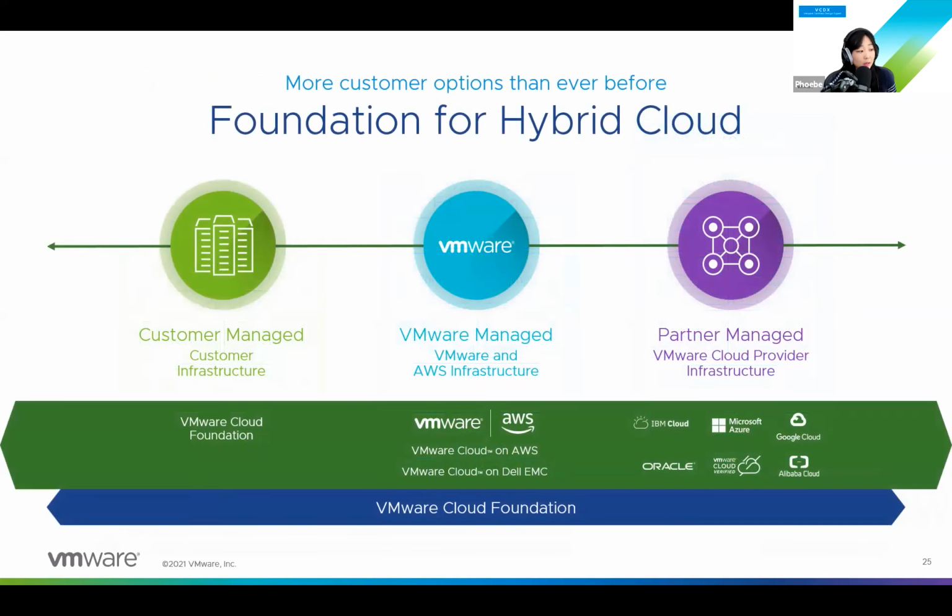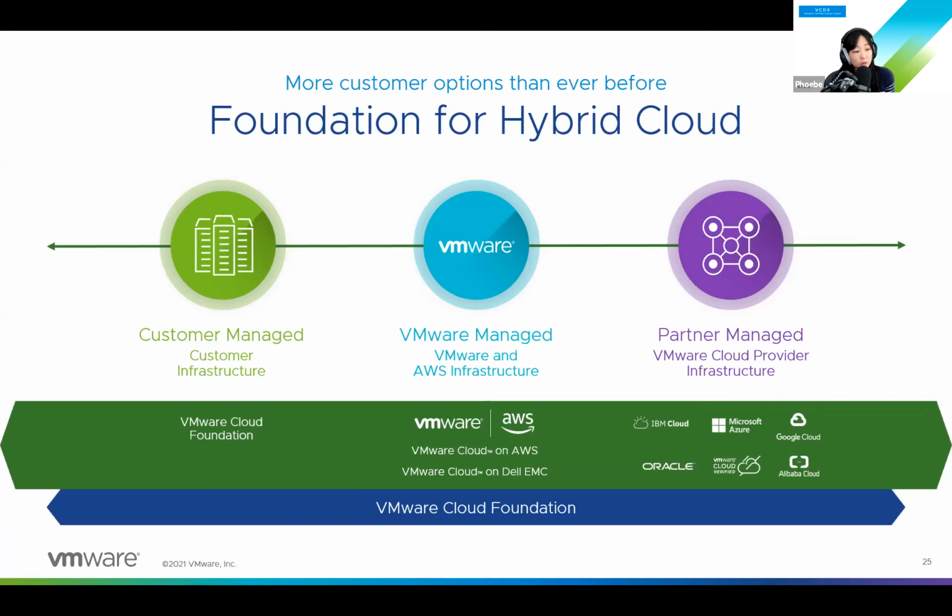Now the foundation for hybrid cloud, the foundation of our cloud, is VMware Cloud Foundation. That's the product name of it. VMware Cloud Foundation essentially is that software-defined data center utilizing vSphere, NSX, and vSAN. VMware Cloud Foundation is totally customer managed, right? It's on the customer infrastructure.